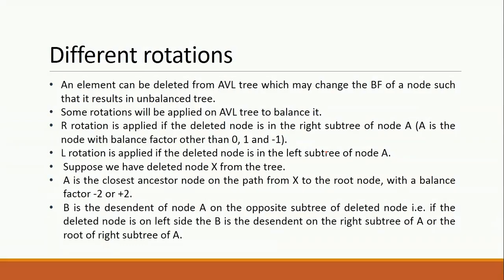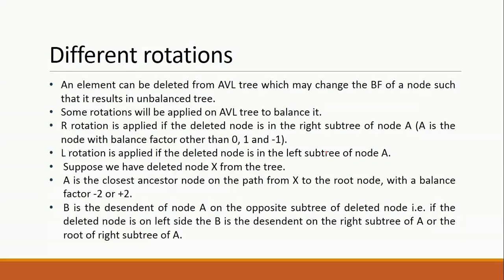R rotation is applied if the deleted node is in the right subtree of node A. I am repeating this. R rotation is applied if the deleted node is in the right subtree of node A. Means you are deleting from the right subtree, then rotation R will be applied, and A is the node with the balance factor.